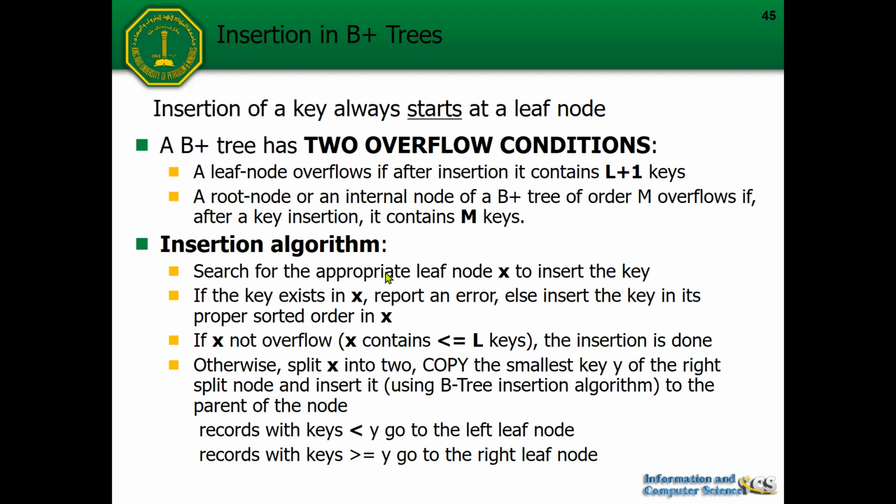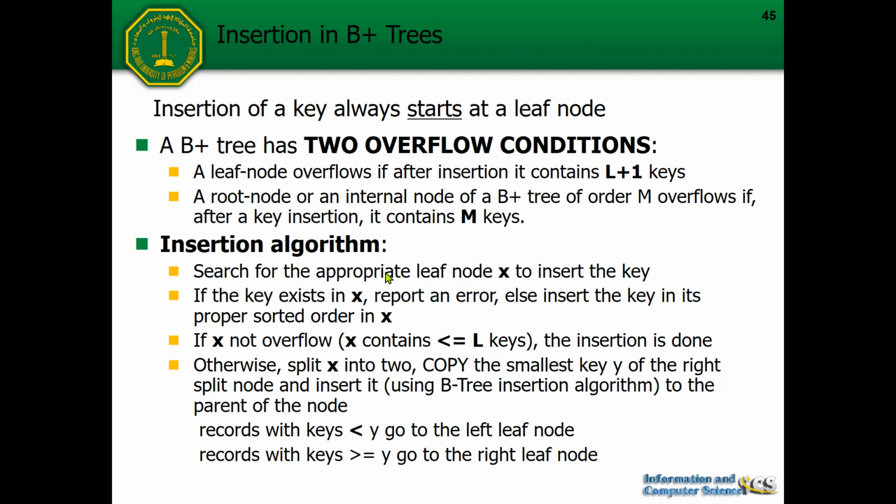That's why we need to insert that into the leaf. In the B plus tree, it is not possible to insert a new key in the internal nodes and the root because the key that we are going to insert is the data. You can see that it is different from the B tree.